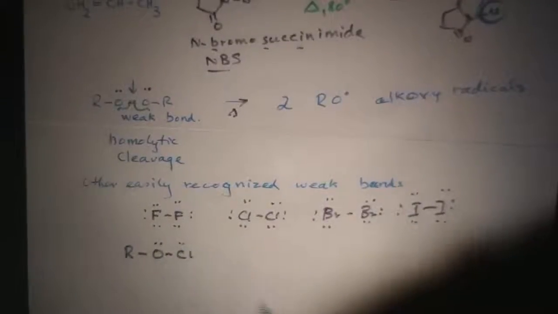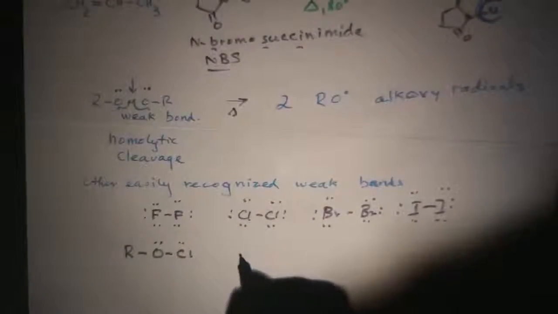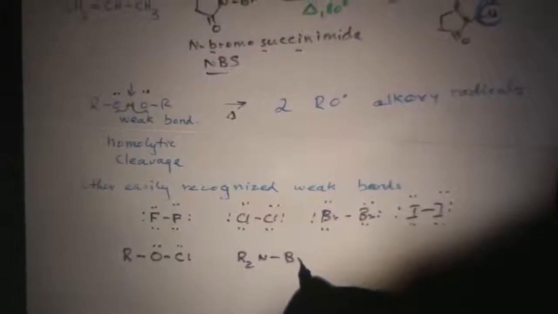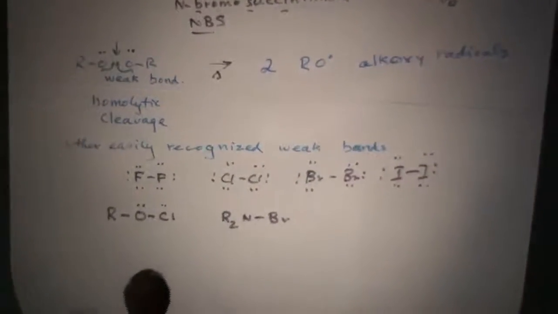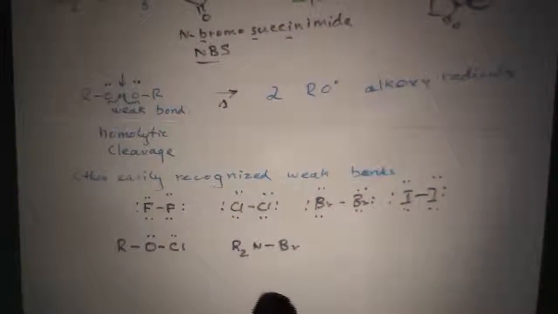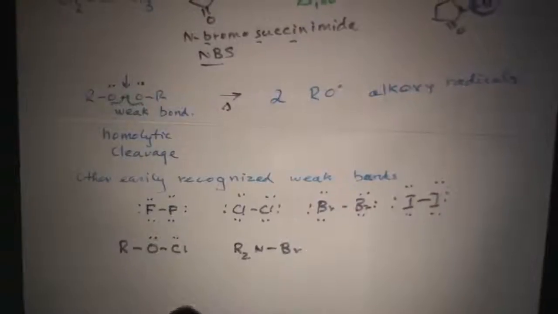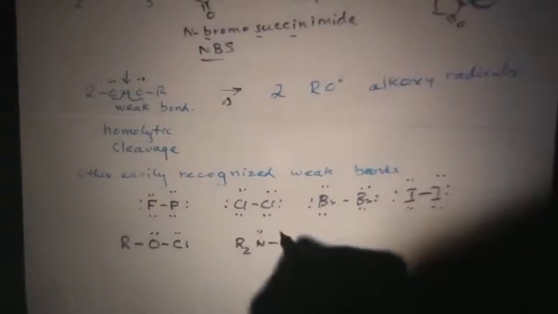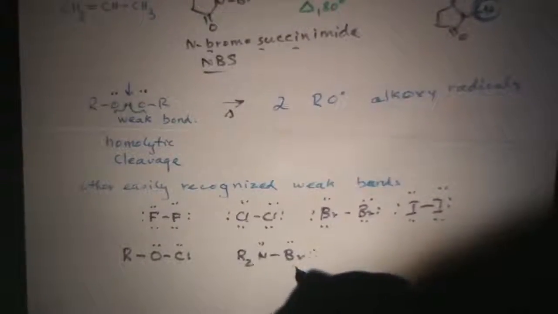So that's a weak bond because a nitrogen to bromine bond. And you notice that we have a nitrogen to bromine bond in the succinimide molecule. That's a weak bond because nitrogen has a lone pair and bromine has one.